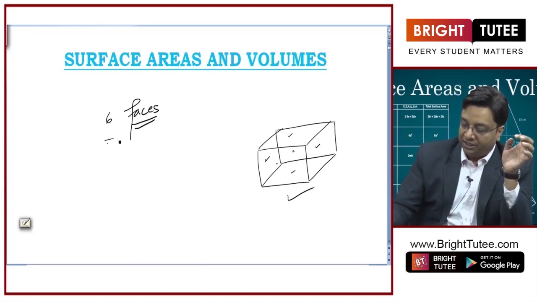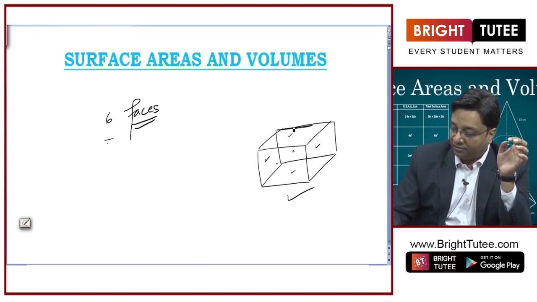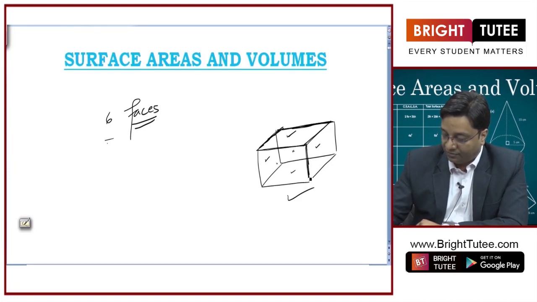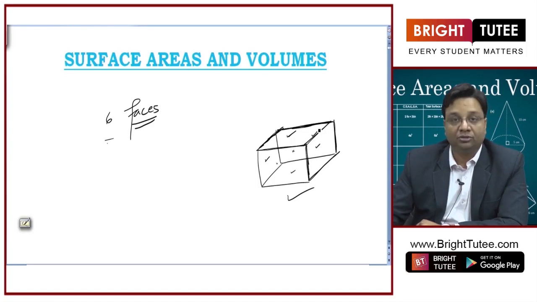So, we have got 6 faces, and if you want to calculate the number of edges, every face has 4 edges, right. So, this face has got 4 edges. Similarly, you will have 4 edges for this face, whereas this one is common to this face and this face.